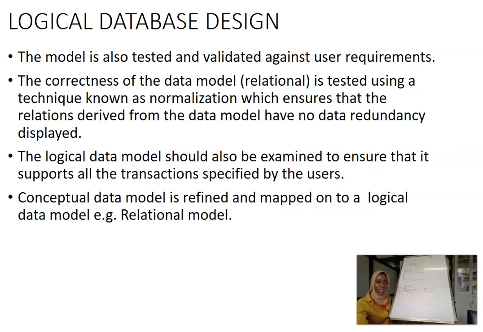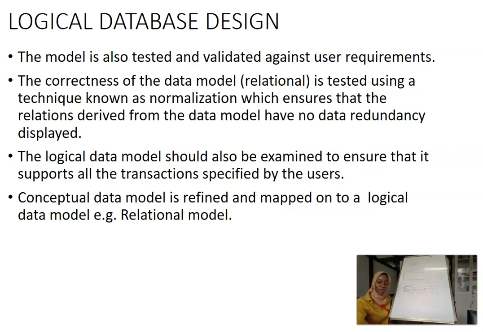So the model is also tested and validated against user requirements. The correctness of the data model, that is the relations that you're going to have, is tested using a concept called normalization. We're going to see what normalization is and how it works.